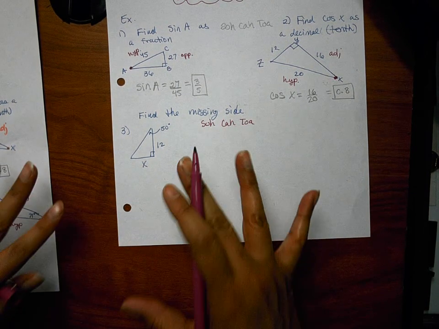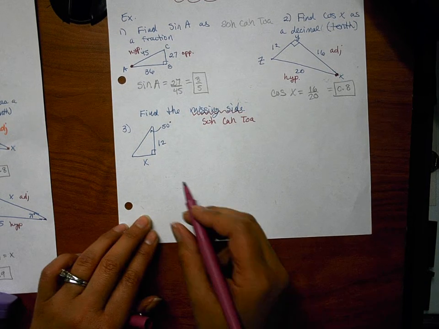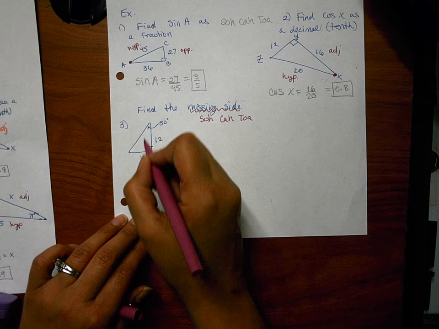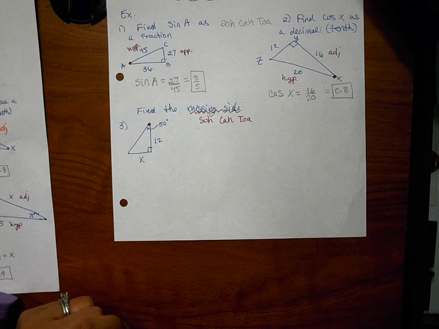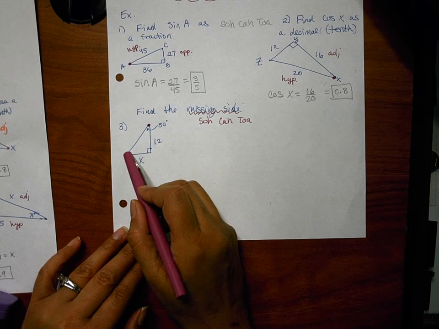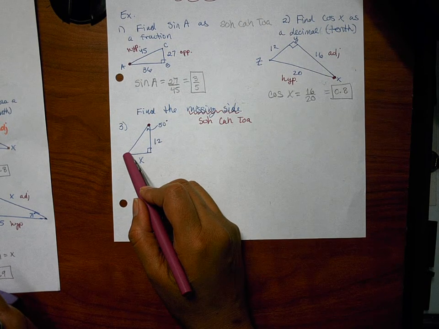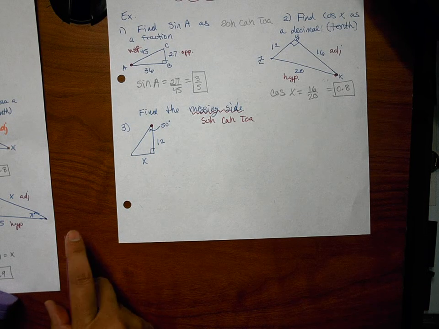When you're looking for a missing side, they're always going to give you one angle besides the 90. If they give you more than one, pick one. It does not matter which one you pick, because technically, I know this angle down here is 40. Don't need it, but I know it. So if they give you both angles, pick one. It does not matter which one.